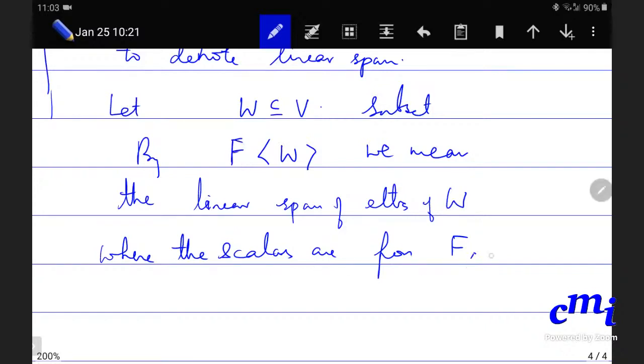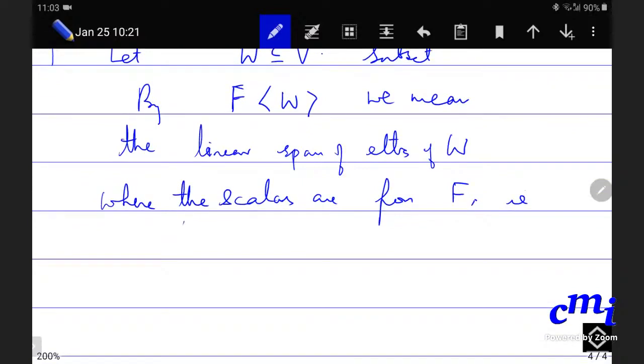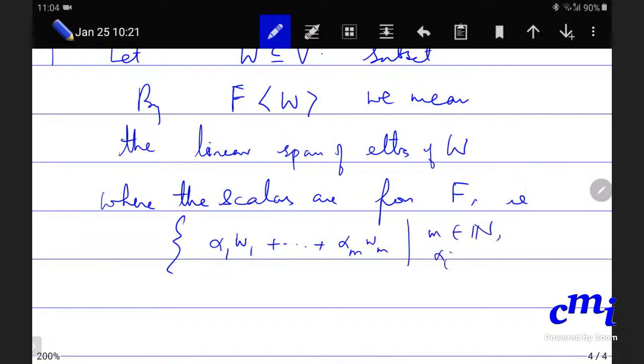So what does this mean? That is the set alpha 1 W1 plus some alpha m Wm, where m is a natural number, all possible m's but finite. Alpha i's are in F for all i, 1 less than or equal to i less than or equal to m, and Wi are in W for all 1 less than or equal to i less than or equal to m.